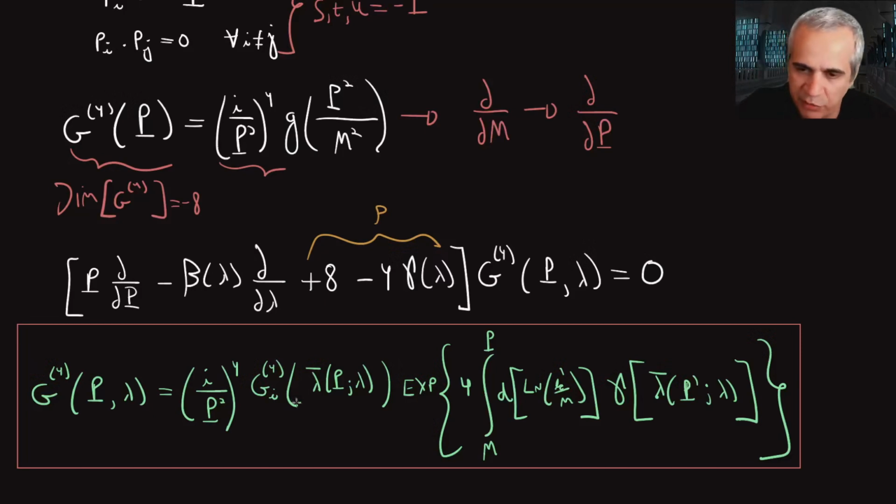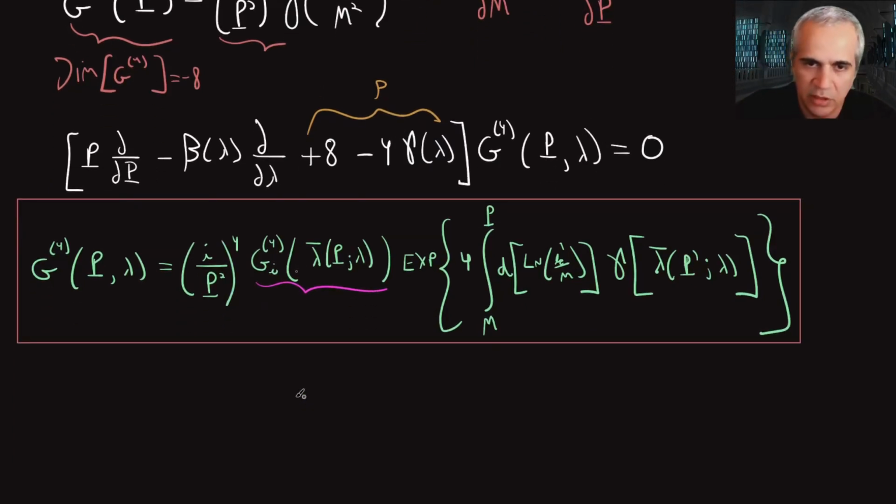So now if I want to figure out this guy, this initial condition for the 4-point function, I do the same I did in the case of the 2-point function, right? So this 4-point function, we know from perturbation theory that at leading order in perturbation theory, this is just the Feynman rule for the theory.